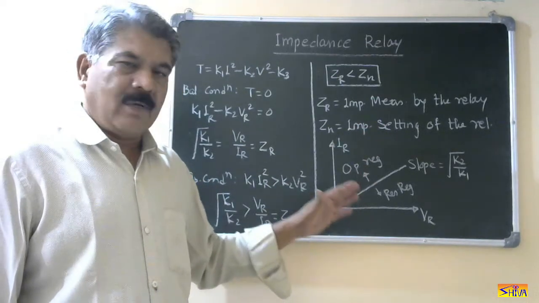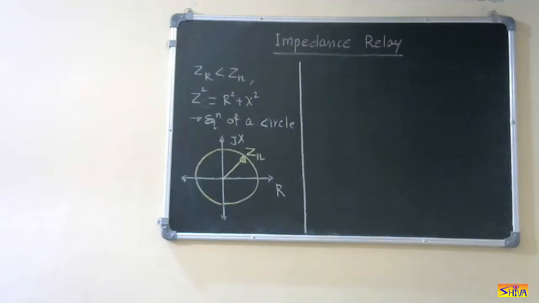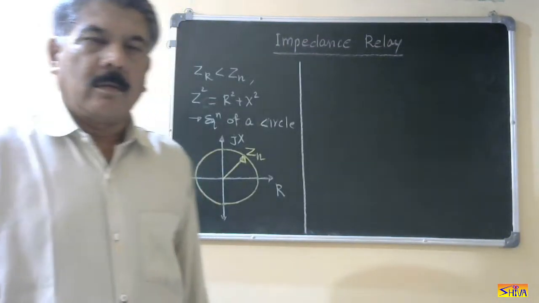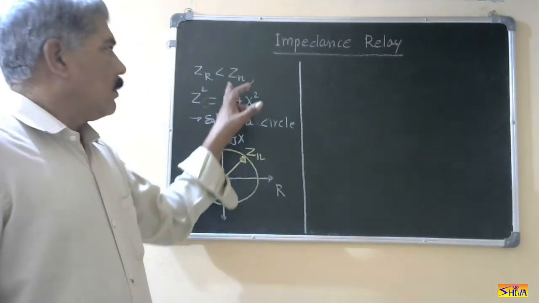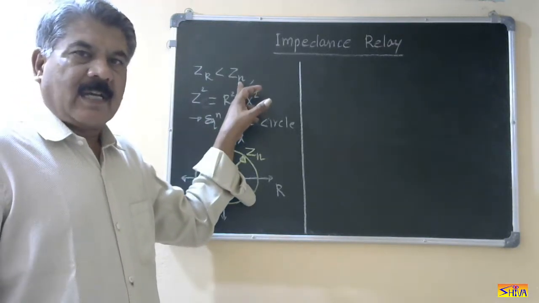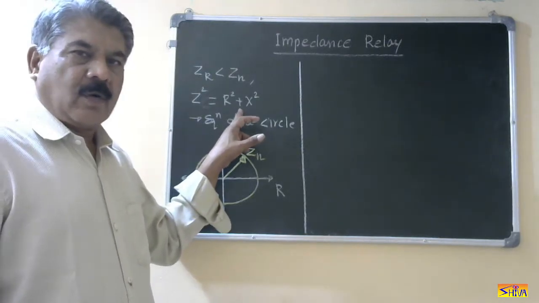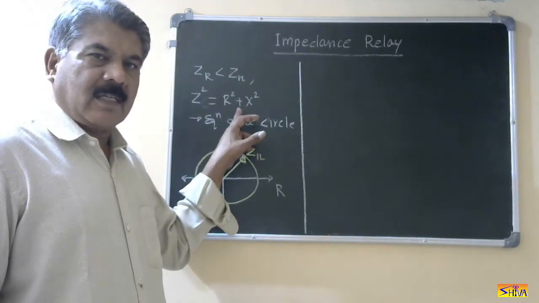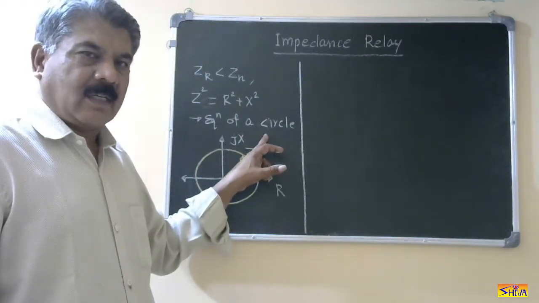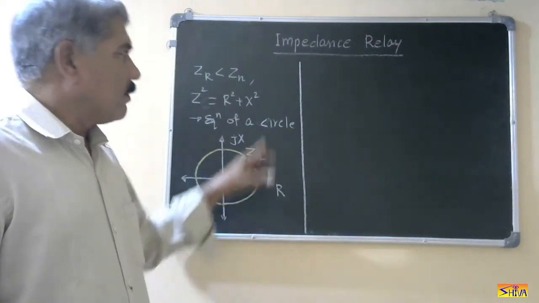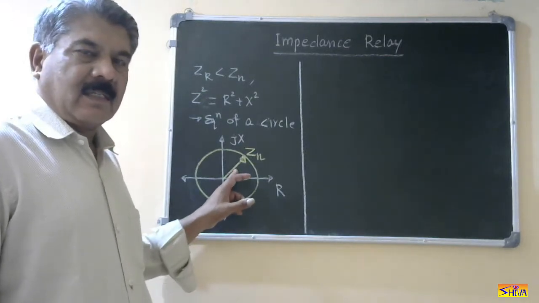Now let us see how the characteristic is there on the Rx diagram. This is the operating condition: ZR should be less than Zn. We have equation Z square is equal to R square plus X square, where R is resistance, X is reactance. So this represents equation of a circle. So in Rx diagram, the characteristic of impedance relay is a circle with radius equal to Zn.